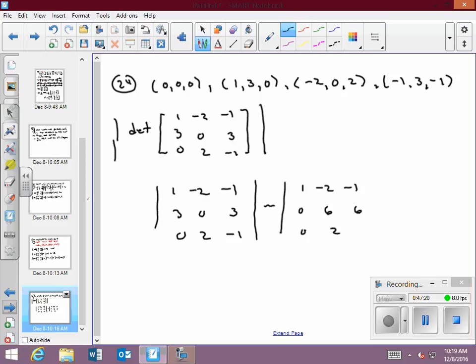0, 2, minus 1, and then we do 1. And I'm going to take a negative 1/3 times the second and add it to the third. 6, 6, 0, that would be 0.